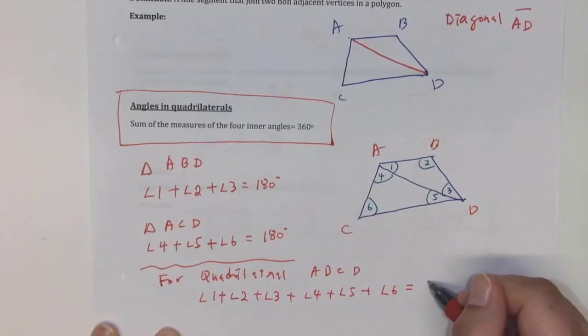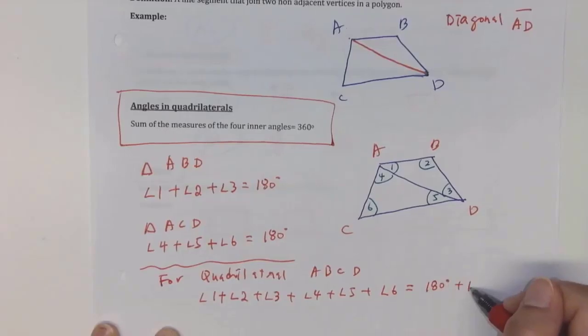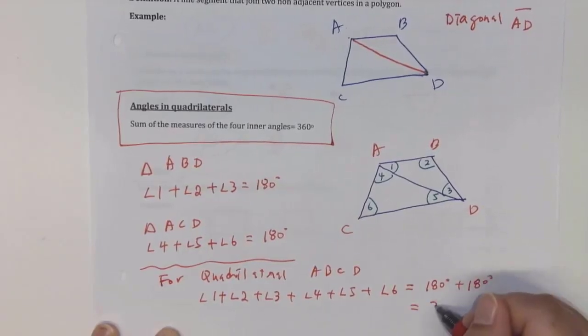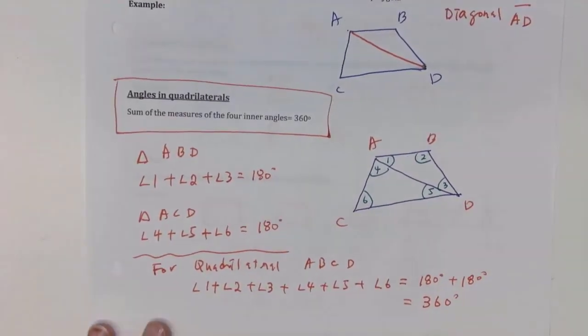All together should be 180 degrees plus 180 degrees, right? So that should be 360 degrees. So for any quadrilateral shape, you can cut it into two triangles, and that's why those angles should add up to 360 degrees. Are we okay with that? Questions?